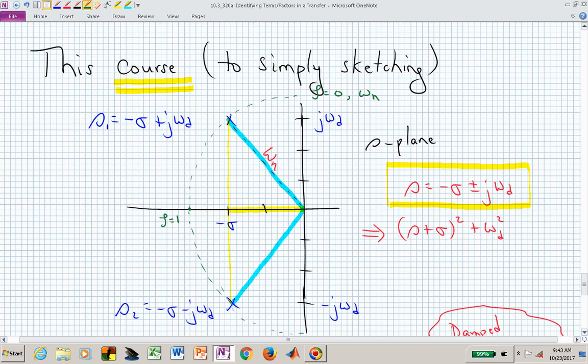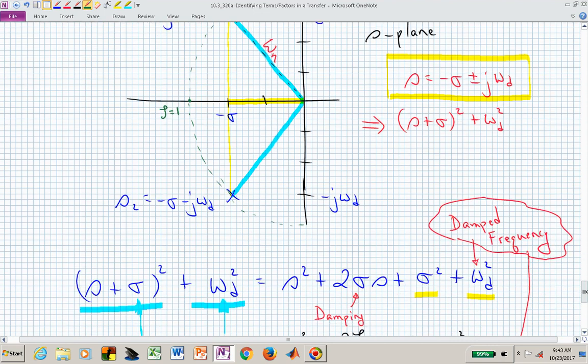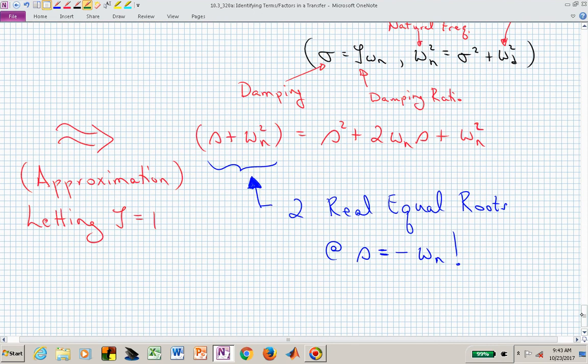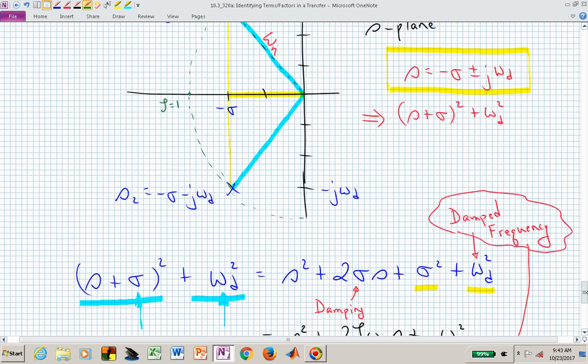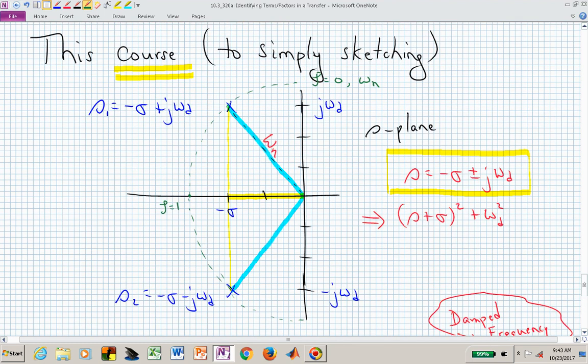so that now instead of having complex poles, we're going to, in the sketching process, simply approximate that with 2 real equal roots. So in this particular form, we're just going to set zeta equal to 1. We're going to swing those complex poles around.